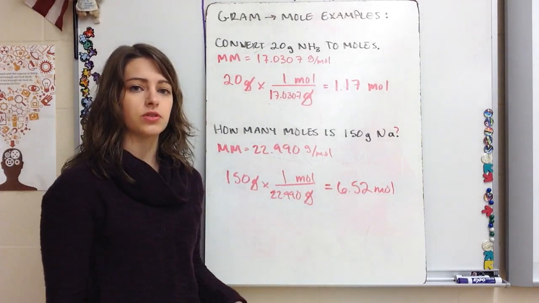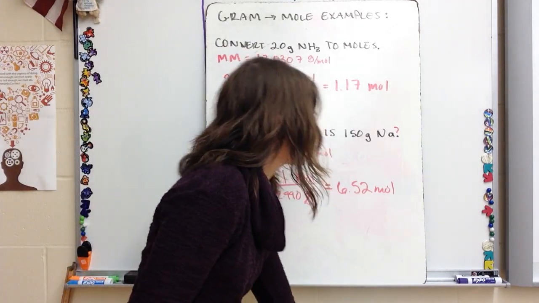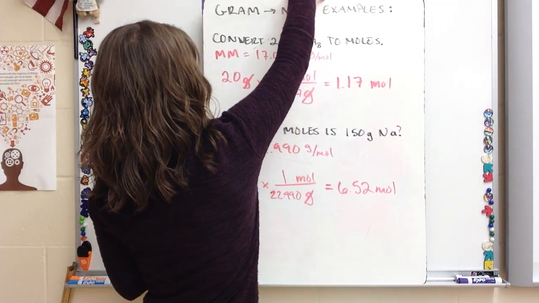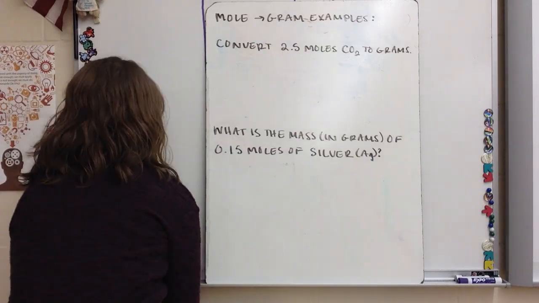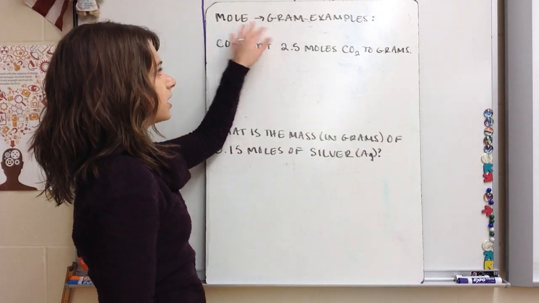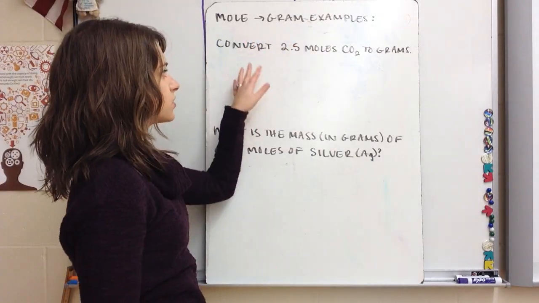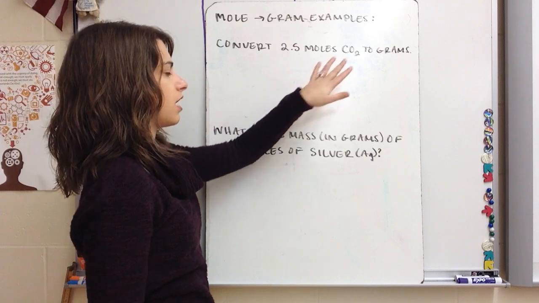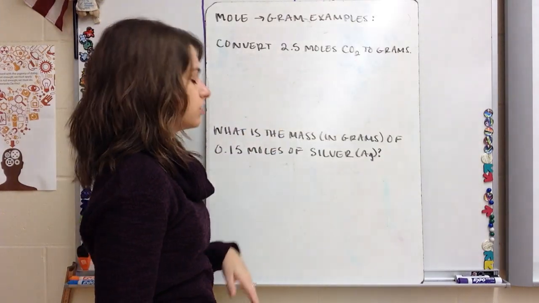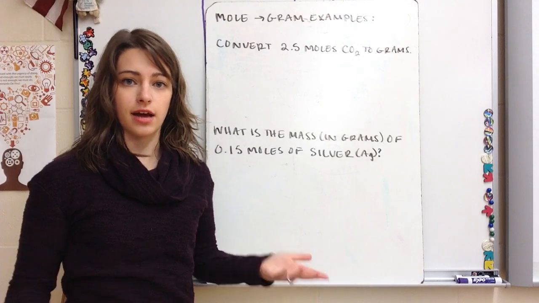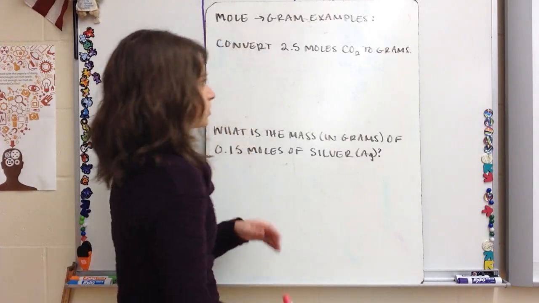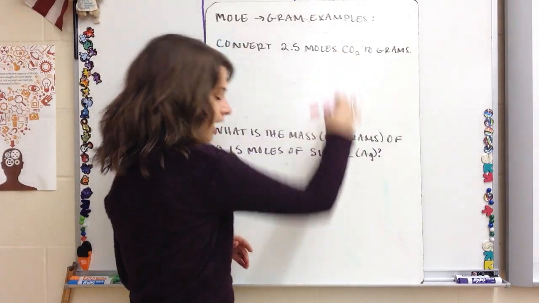Let's look at 2 examples going the other direction. So now we're going to do some mole to gram examples. Our first one says convert 2.5 moles of CO2 to grams. So again, I need to find a molar mass. I'm not given one, so I need to calculate that. I'm going to add together a carbon and 2 oxygens.